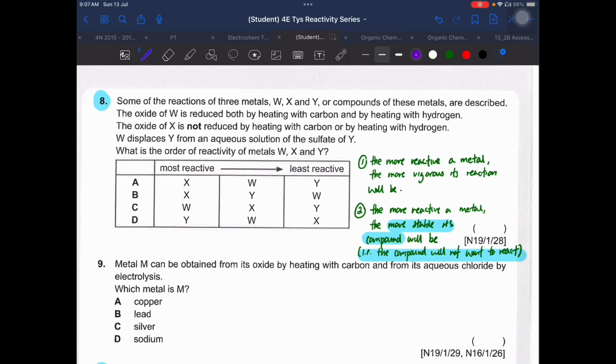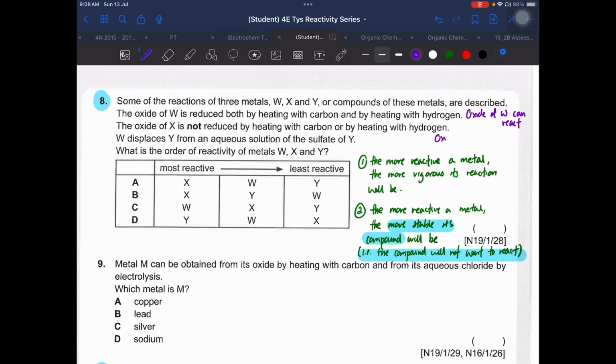In this question, they are talking about reactions of 3 metals, W, X, and Y, or the compounds of these metals. First statement says that the oxide of W is reduced by both heating with carbon and by heating with hydrogen. So what they're trying to say over here is that the oxide of W can react. Okay? Second statement, the oxide of X is not reduced by heating with carbon or by heating with hydrogen.